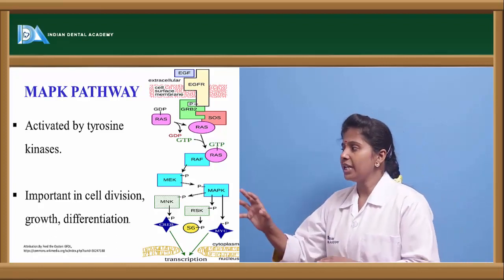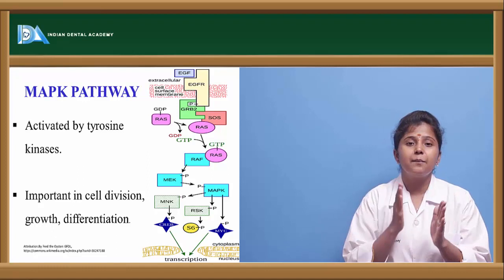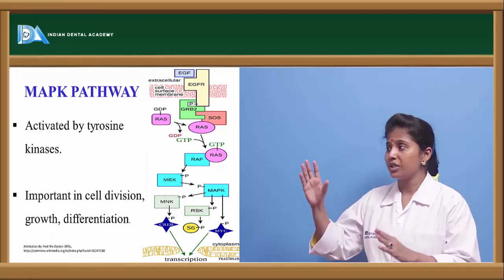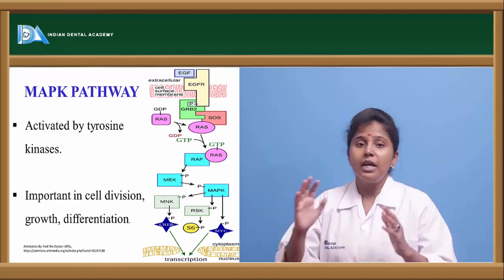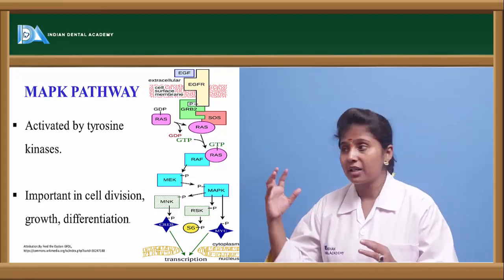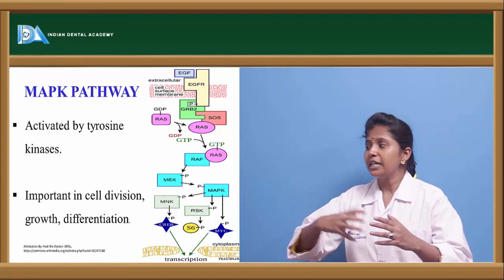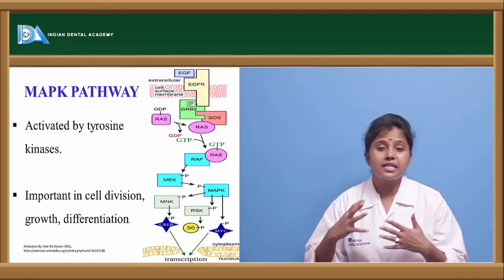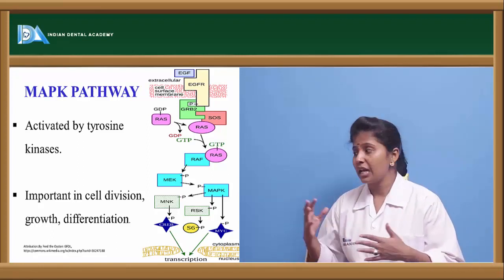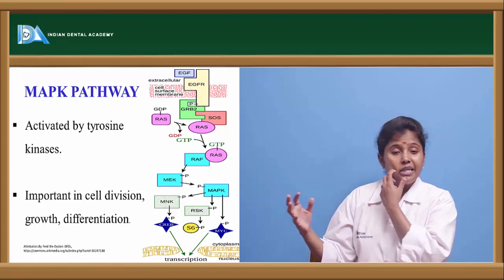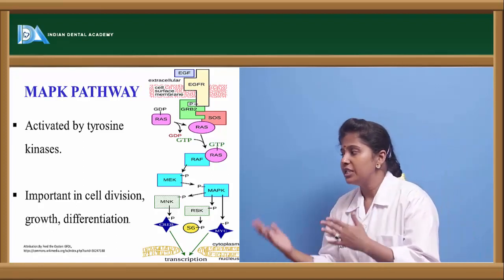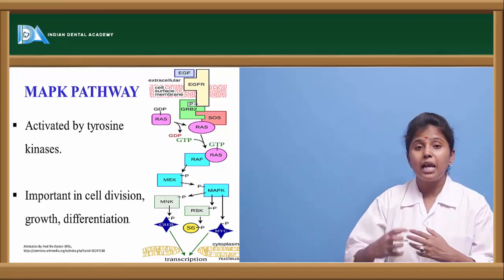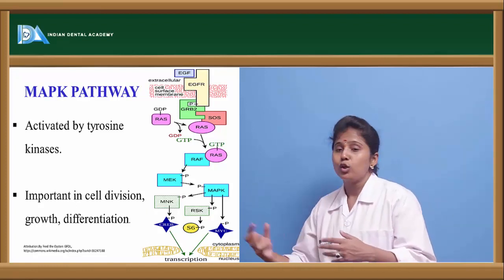EGF is nothing but epidermal growth factor, and this pathway aids in growth. The epidermal growth factor binds to the epidermal growth factor receptor, and thereby it potentiates RAS to release. RAS is a chemical mediator, and it converts the GTP to GDP, and this will allow the MEK to release.